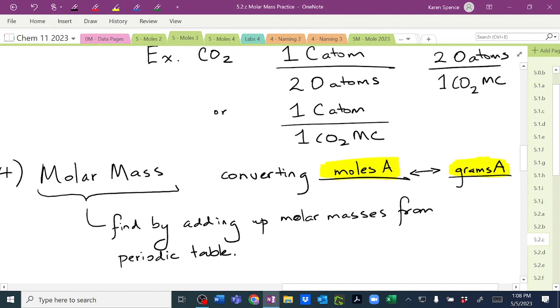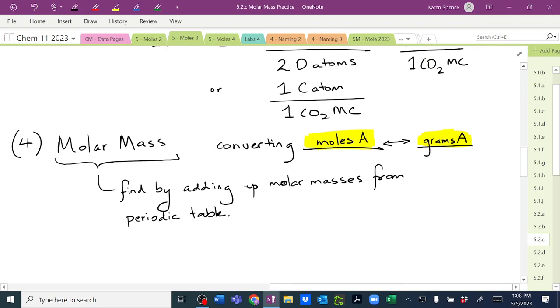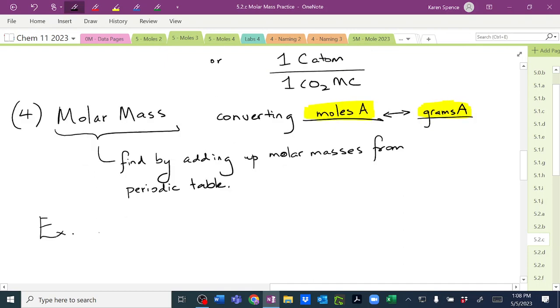Okay, so let us do an example of using molar mass as a conversion factor. Ooh, I'm going to give you guys a tricky one to figure out the molar mass for, because that way we'll have practice doing it.